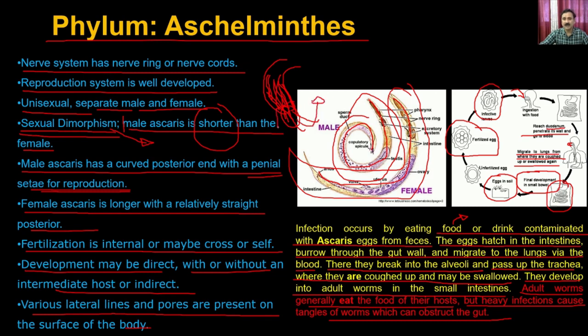And at that point, it is going to cause severe stomach pain, and there will be no other option but to go for surgery, and then you have to remove these worms from the small intestine.